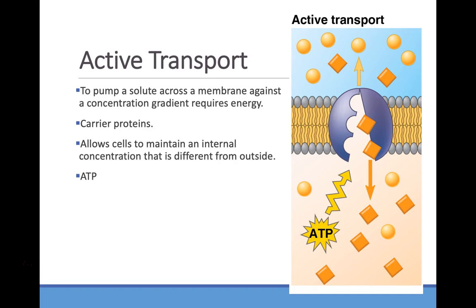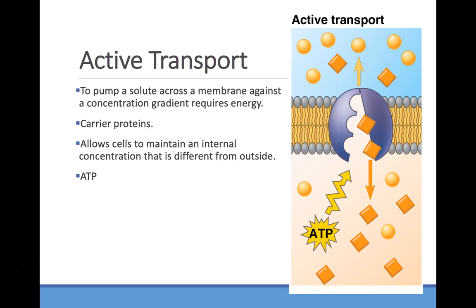In active transport, we see the specificity of our carrier proteins, but we require energy to move the solute across a membrane. The reason that we require energy is that in active transport, we're moving something against its concentration gradient.